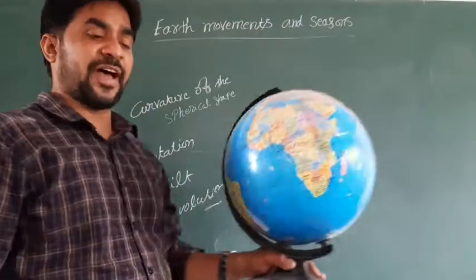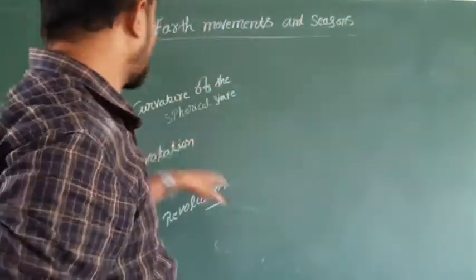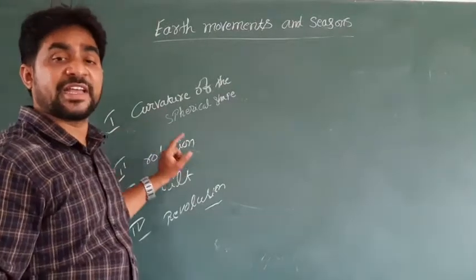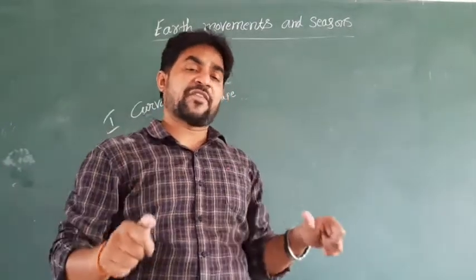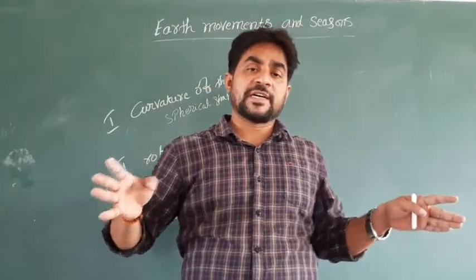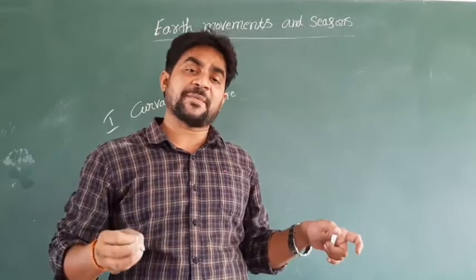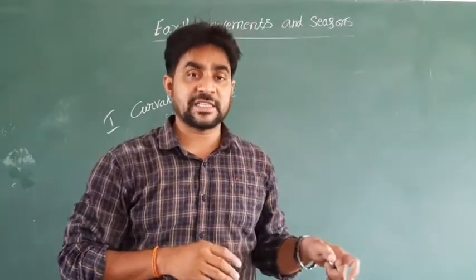The foremost factor of the seasons is the curvature of the earth, or else called the spherical shape of the earth. Curvature or spherical means the shape of the earth is different. The shape is also one of the factors for the seasons changing.